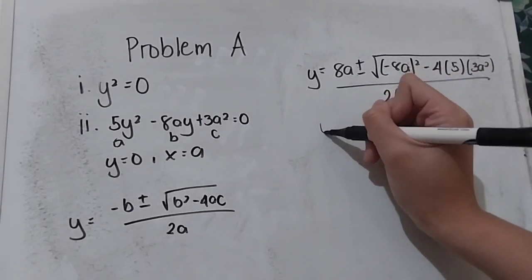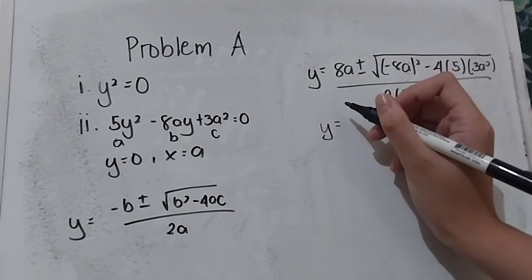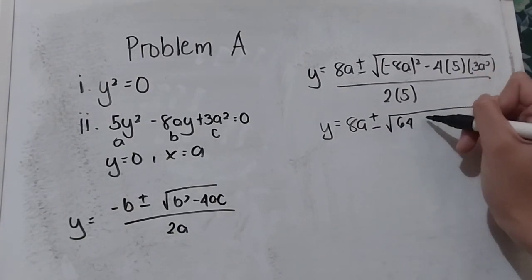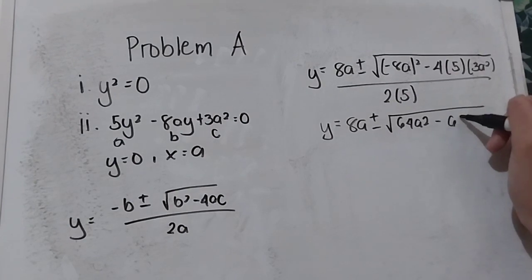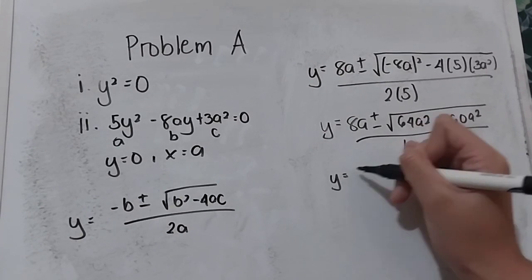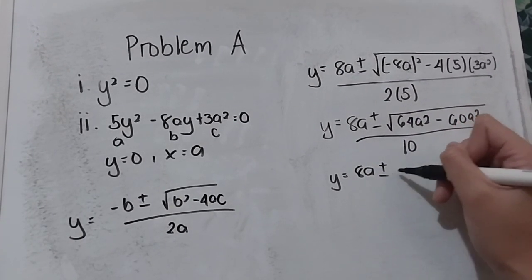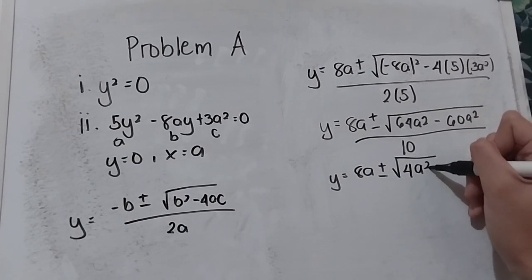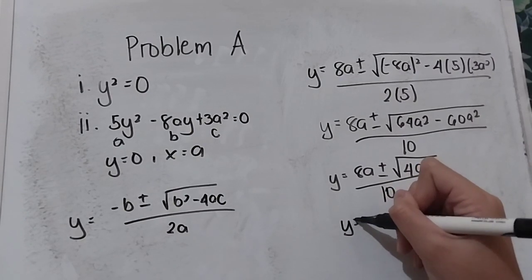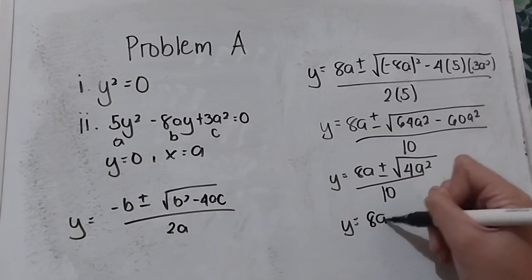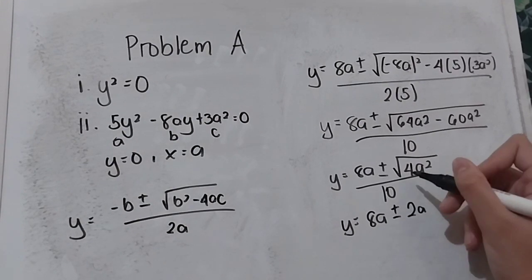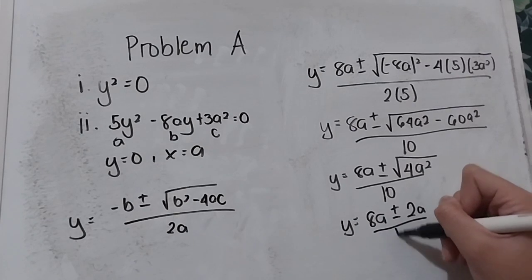So let's simplify it. y equals 8a plus or minus the square root of 64a squared minus 60a squared over 10. y is equal to 8a plus or minus the square root of 4a squared over 10, and then y is equal to 8a plus or minus 2a, since it's the square root of 4a squared, over 10.